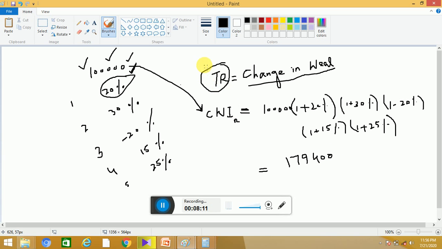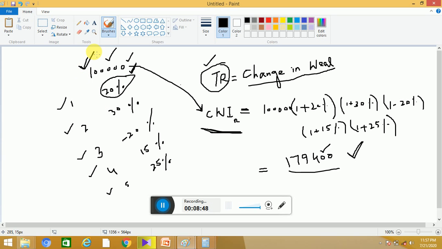Now see, total return is not telling us about this wealth, what our initial investment becomes. But the cumulative wealth index is telling us about the wealth after n periods of time. There are 5 years, and after 5 years our wealth becomes 179,400.